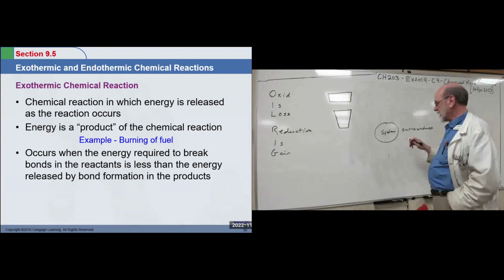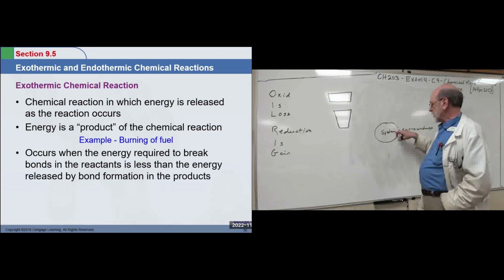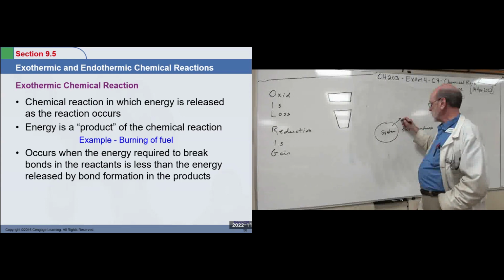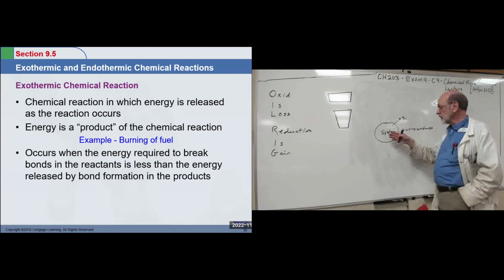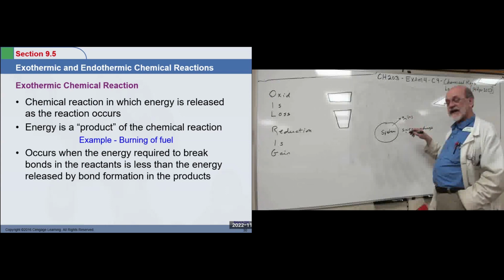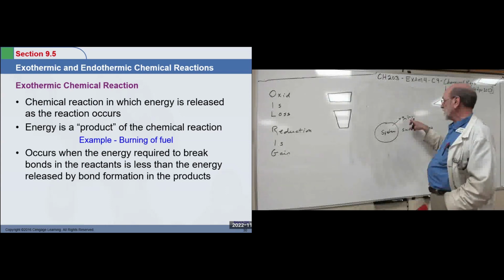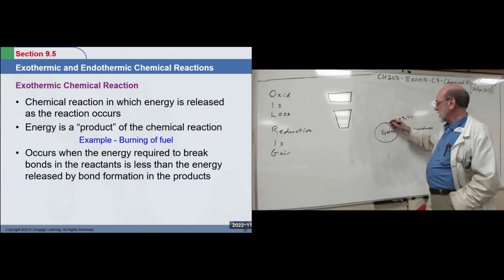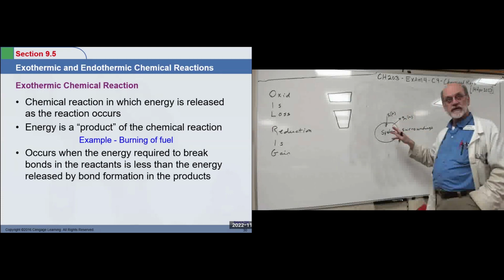Everything is referenced in terms of the system. So if the system gives off heat, and we use a little q for heat here, the system is losing heat. So the sign on that value, whatever it is, so many kilojoules per mole, is going to be negative. If the reaction absorbs heat from its surroundings, then it's going to be positive because everything is referenced to the system.